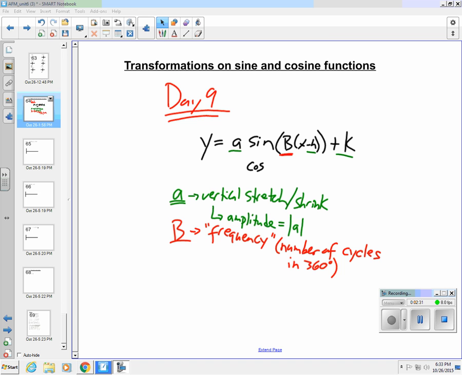For every other function, when the frequency changes, that changes the period. It tells you how many complete cycles it will go through in 360 degrees. So there's a formula to relate the frequency and the period. The period is 360 divided by the frequency. Or we could change this around if you need to find the frequency from the period. The frequency is 360 over the period.